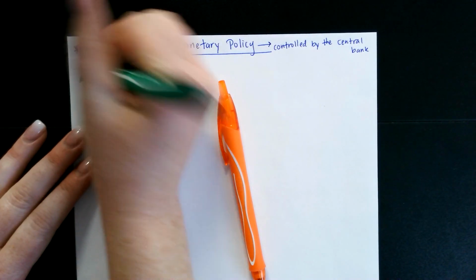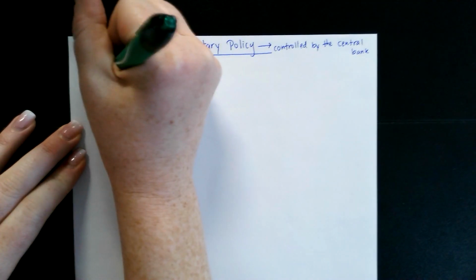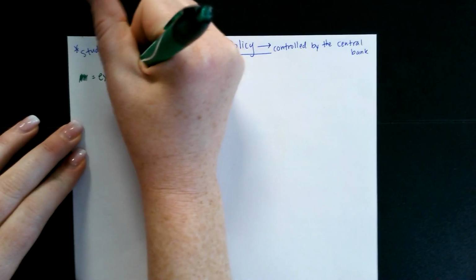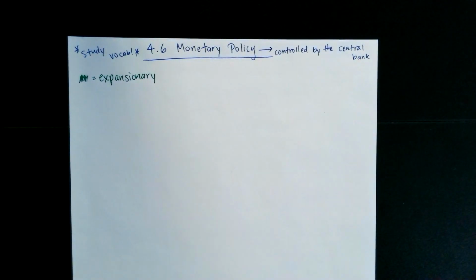Monetary policy and fiscal policy, they definitely have similarities. Similar language, similar goals when it comes to an ADAS model. If the monetary policy or the fiscal policy, they want stuff to happen in the economy. Positive thoughts. What's your upgraded version of positive thoughts? Okay, so you're working expansionary.